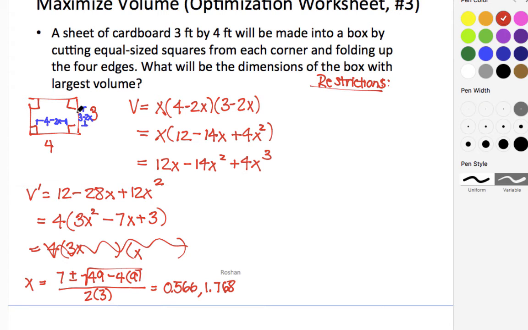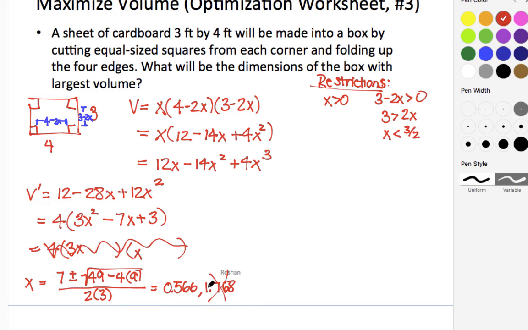What do we know? Well, we know that the side length has to be strictly greater than 0. And which one is my shorter side? The 3 minus 2x. So I know that that 3 minus 2x must also be greater than 0. So that means that 3 has to be greater than 2x. In other words, x must be less than 1.5, right?